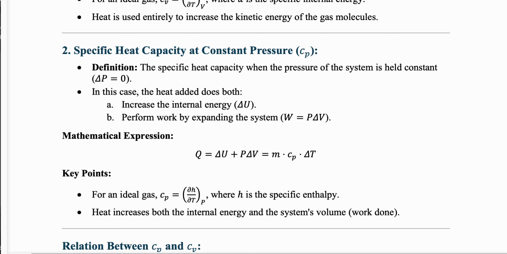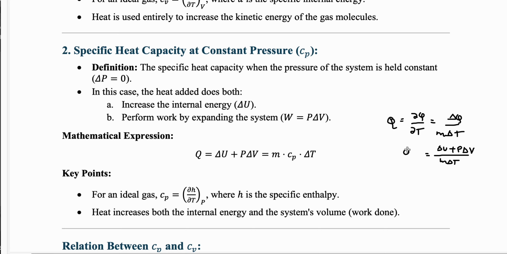So if we consider the specific heat at constant pressure, we can simply write it down as delta q divided by delta t, or dq by dt. Now what is my delta q? That is from the first law of thermodynamics, that is nothing but delta u plus p delta v. Let's take m here, m delta t.